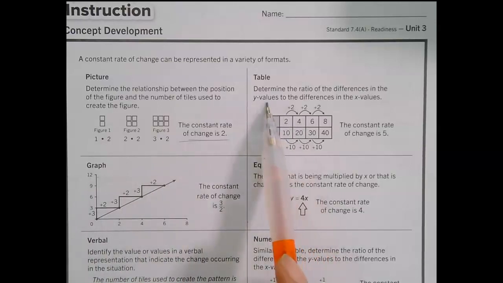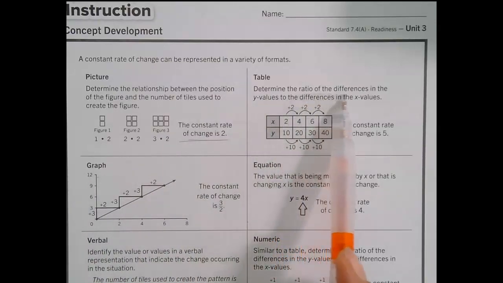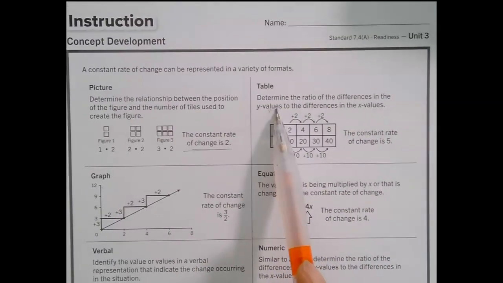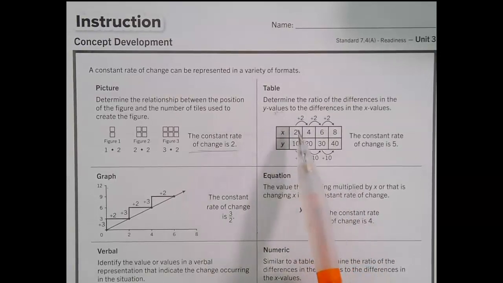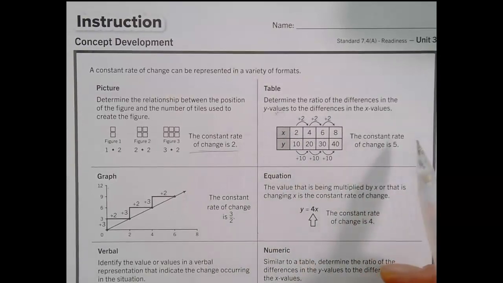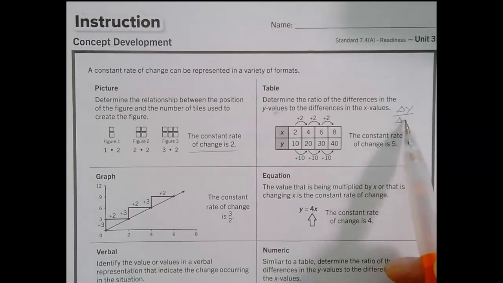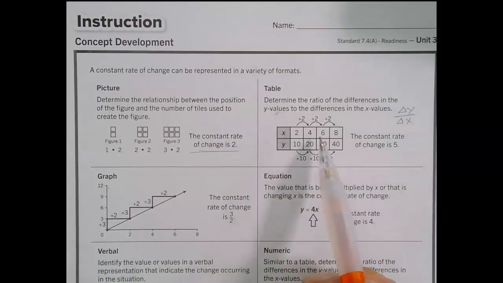Here in a table, it says determine the ratio of the differences in the y values and the differences in the x values. So you're finding that change in y, and let me just write that because that's what you should be writing on your paper, that change in y over that change in x. That is that constant rate of change.